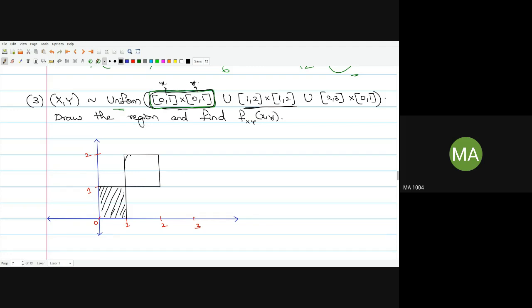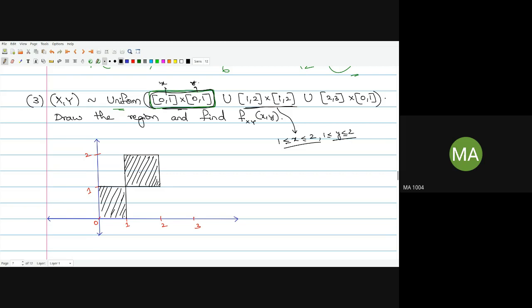It is a square between the intervals. If you are confused, this is nothing but 1 less than x less than 2 and also 1 less than y less than 2. So you have to identify the region in which my x lies between 1 and 2 and, at the same time, y also lies between 1 and 2. So this is the region.